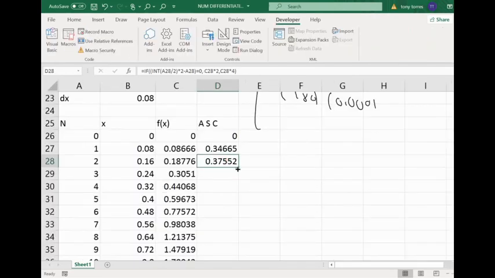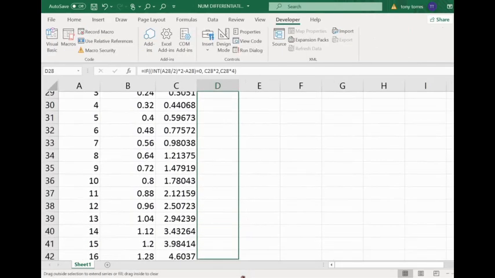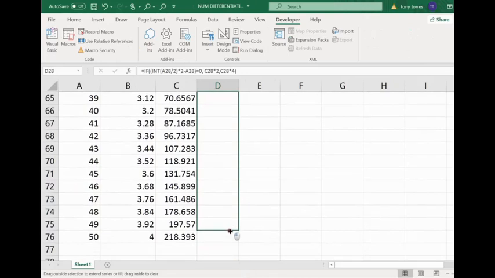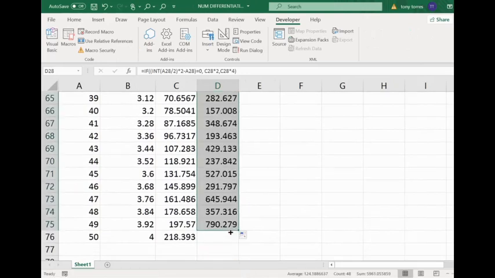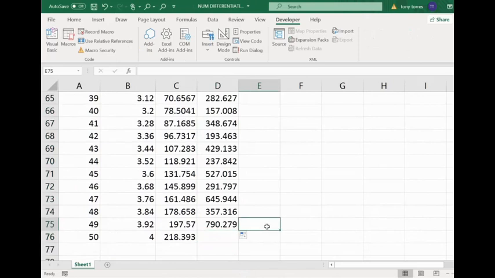That's the number. The next thing is just drop this to here. And you know that this has to be multiplied by 4. This is an odd number. So that means this number has to be multiplied by 4. You want to check that out. Let's check it. This time 4. Yeah, perfect.